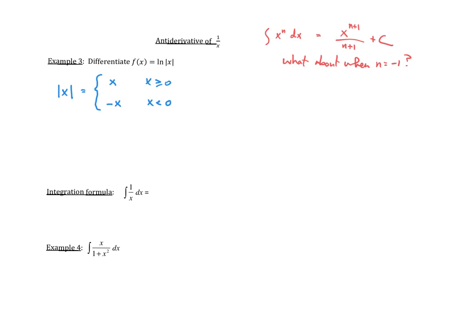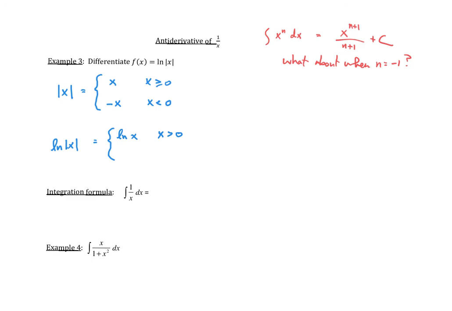Okay? So now we want to really write down what is the natural log of the absolute value of x. And we can write that as a piecewise defined function as well. Now, when I write natural log of the absolute value of x, I need to make sure my domain does not have 0 in there because natural log of 0 is undefined. So I'm going to have natural log of x when x is strictly greater than 0.